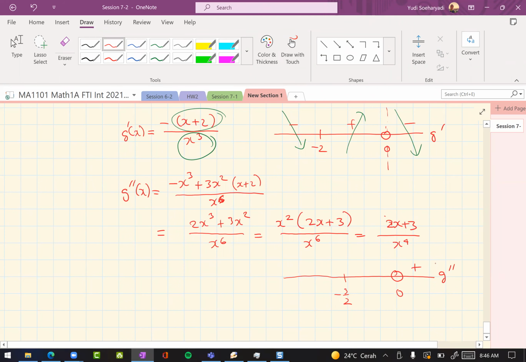Let's keep plus across 0, this power 4, so there's no sign change. So we can maintain plus, but at -3/2, this is power 1, so sign change.